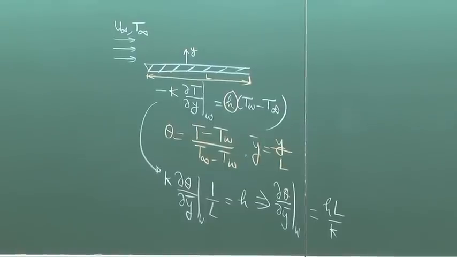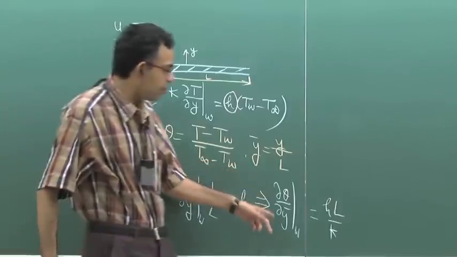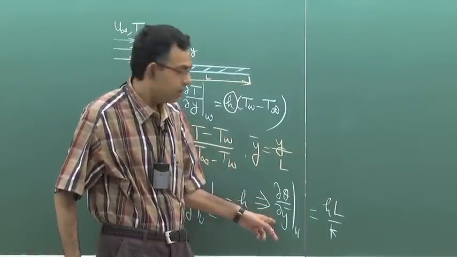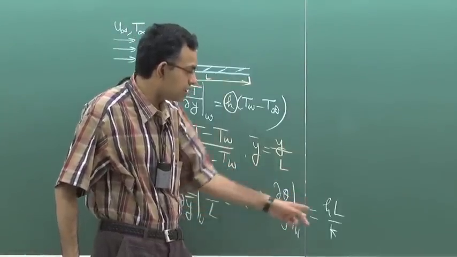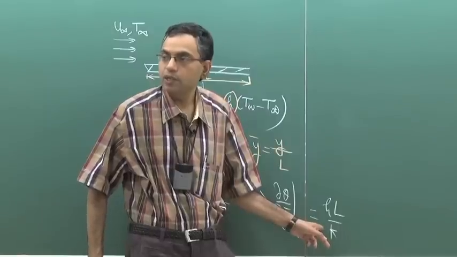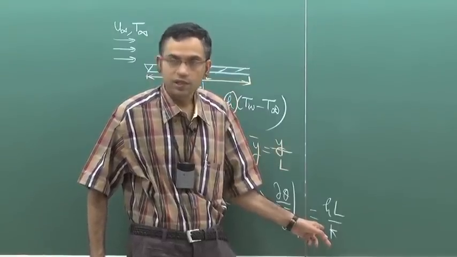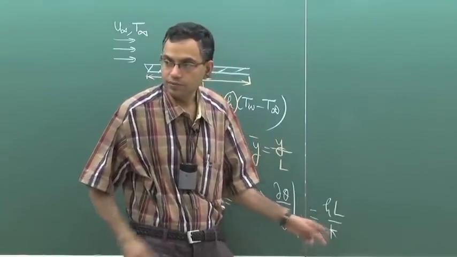So, what you get is a non-dimensional temperature gradient at the wall. Because this is non-dimensional, this is also a non-dimensional parameter which is known as Nusselt number.